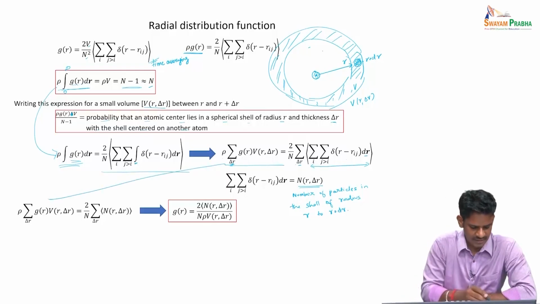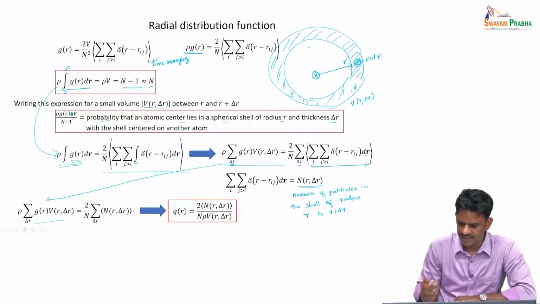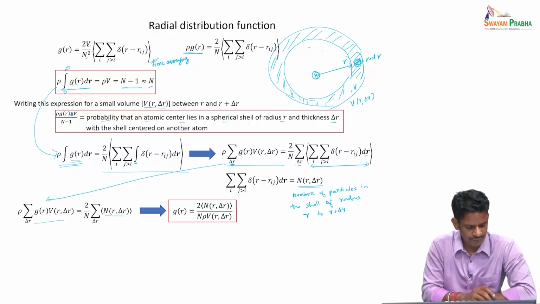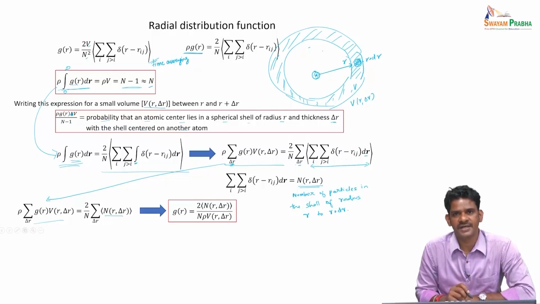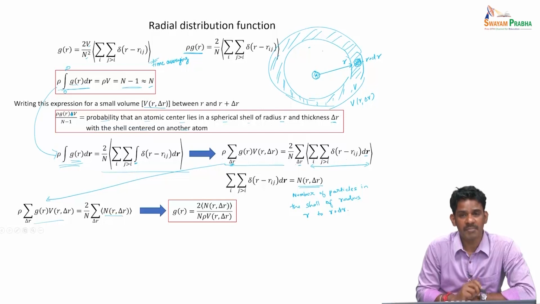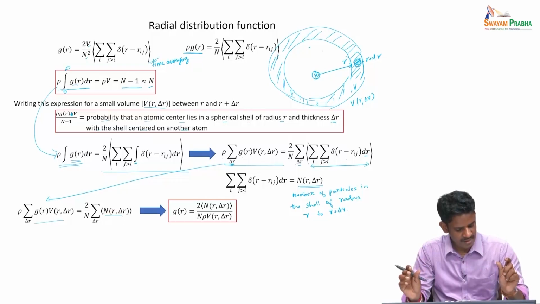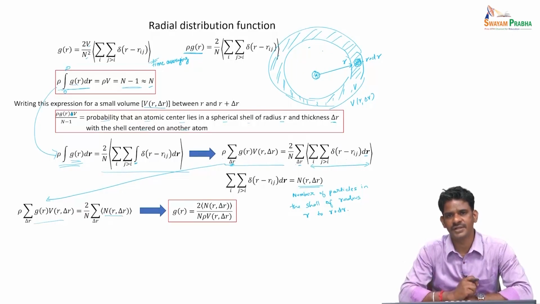So from here, on the left hand side we keep it as such, and on the right hand side, for this particular angular bracket, we substitute the angular bracket of the number of particles. Now if you compare left side and right side, you can match the terms within this summation, because both terms correspond to a sum over certain quantities over a small shell thickness of delta r.